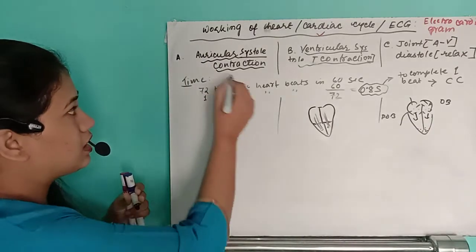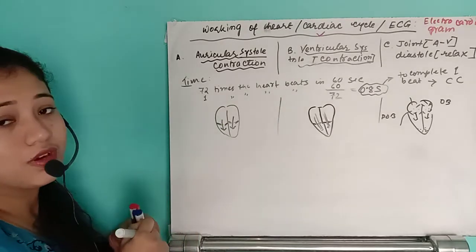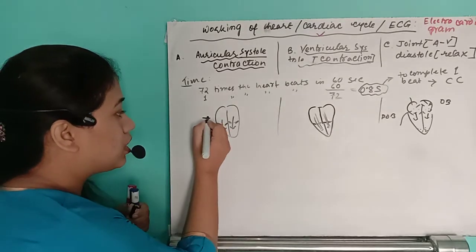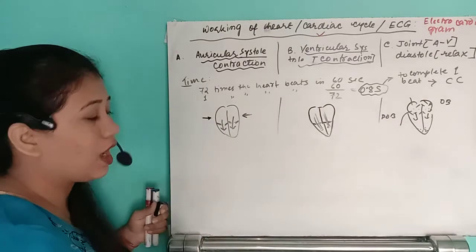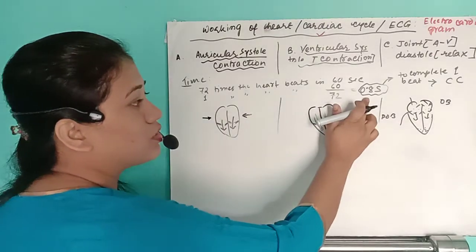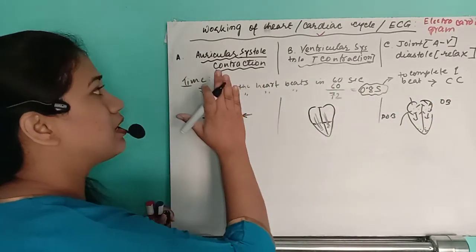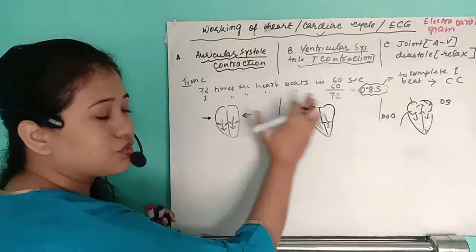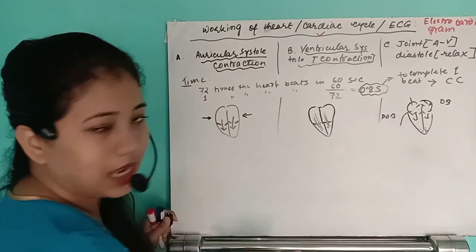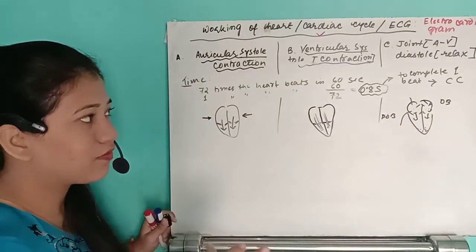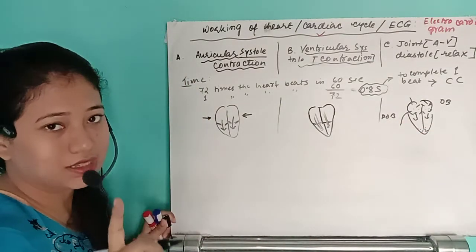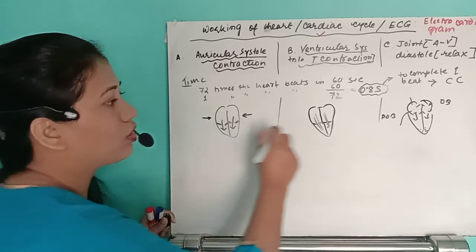So in this auricular systole, whenever the heart's auricles first beat, how many seconds will be required? See, one complete cycle means auricular systole, ventricular systole, and joint diastole together. All these three phases together indicate one cycle. 0.8 seconds will be required for all these three.